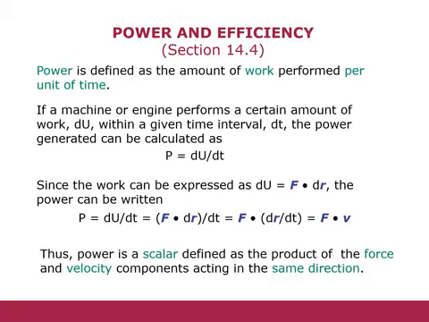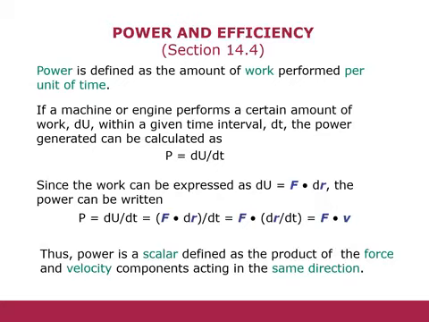Now let's discuss power and efficiency. You all know that power is the rate of doing work. Suppose this is the work and this is the time. You can put the value of the work, which is F dot dr, and when you divide by dt, you get dr by dt, which is the velocity.